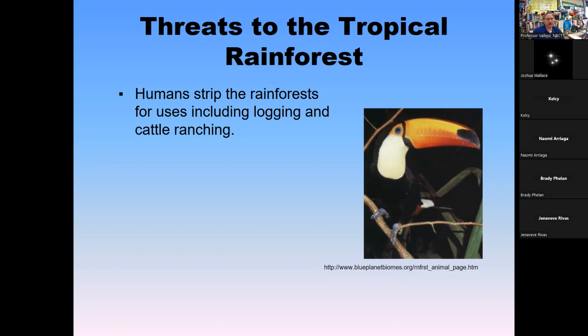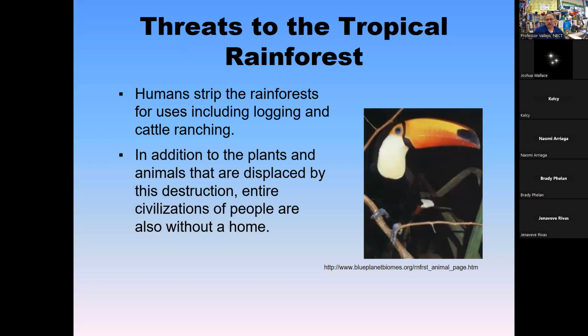Humans strip the rainforests for uses including logging and cattle ranching, and sure, a little bit of growing crops, but like I said, the soil isn't that rich anyway, so these may not be very productive. In addition to the plants and animals that are displaced by this destruction, entire civilizations of people are also without a home.